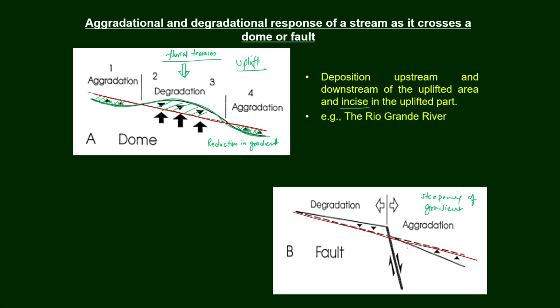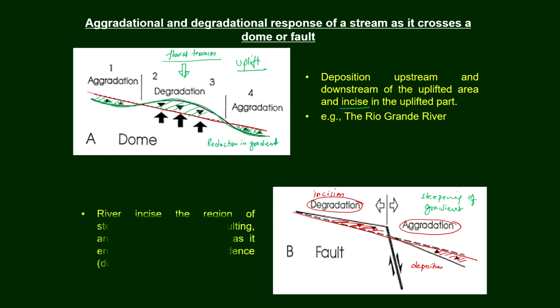Since the valley slope has changed, this portion will aggrade. Deposition will take place, but this portion will be eroded. So, this will have what we were talking about, incision, and this will have erosion, and this will have deposition.